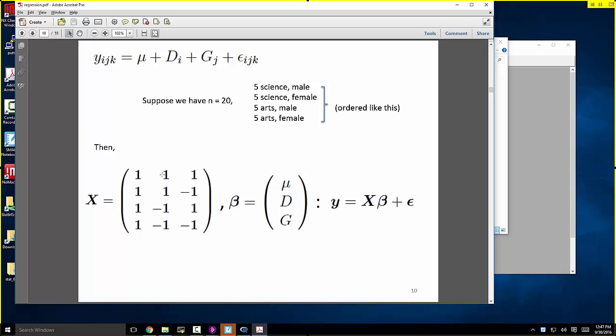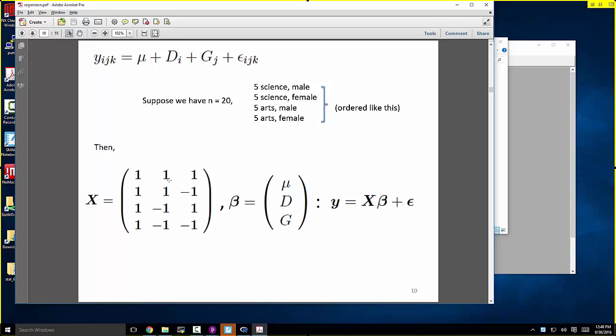And then let's consider just this first row, which is actually composed of 5 rows, all the science males. Because it is science for these individuals, we coded the degree covariate to be 0 if you are arts and 1 if you are sciences.